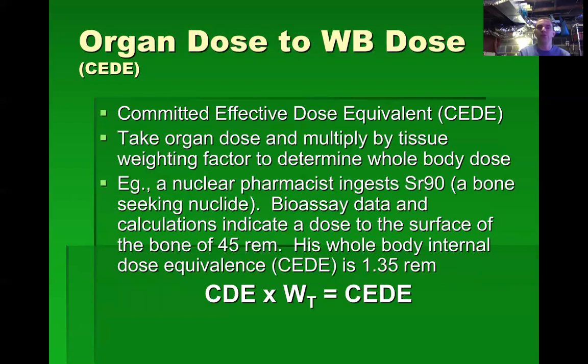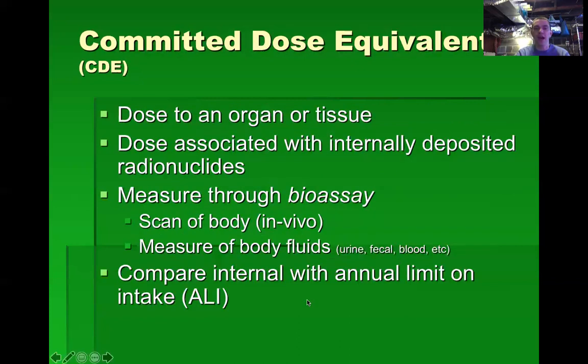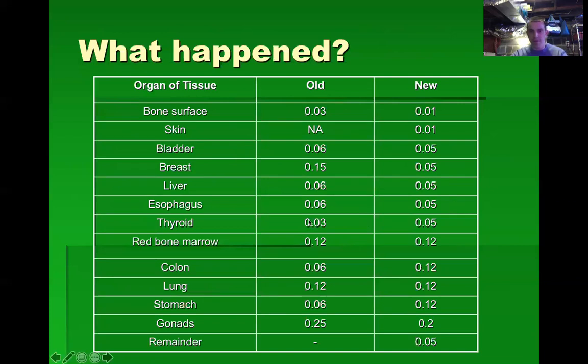What we can also do is multiply that organ dose by the weighting factor for a thyroid, which we'll see here. Thyroid went from 0.03 to 0.05. So, they reevaluate these factors. And if something shows that it is more sensitive, more prone to both biological damage and potential cancer risk, that reflects a higher weighting factor.